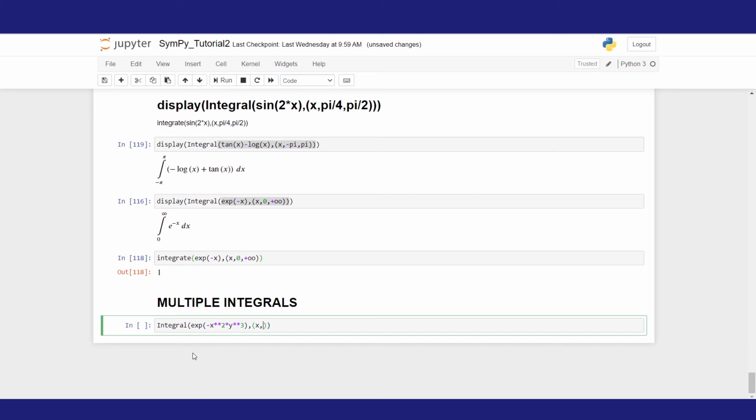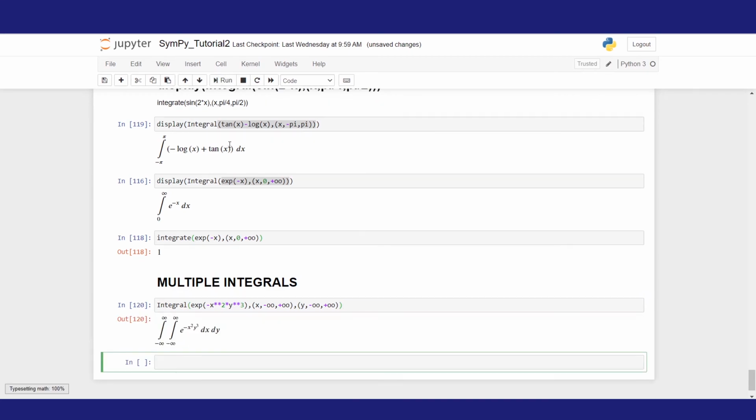So we have x, which is ranging from minus infinity to positive infinity, and as well we have y, which is ranging over its limits. I'm just using minus infinity to infinity as general limits, but you can have your other limits as well. So 0, 0.